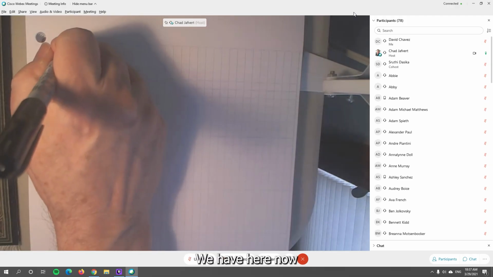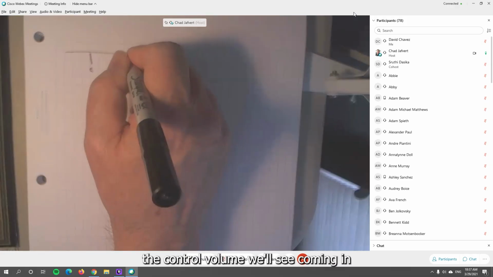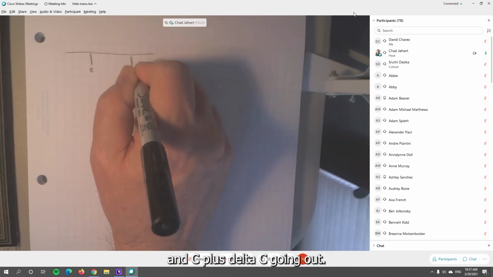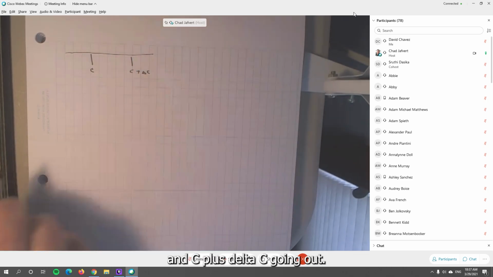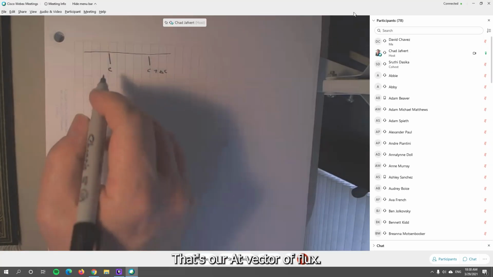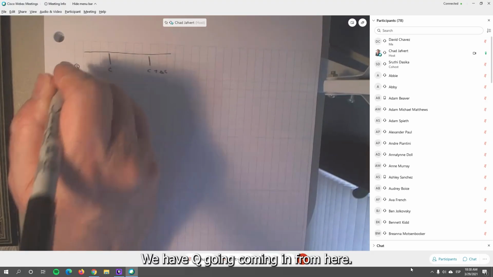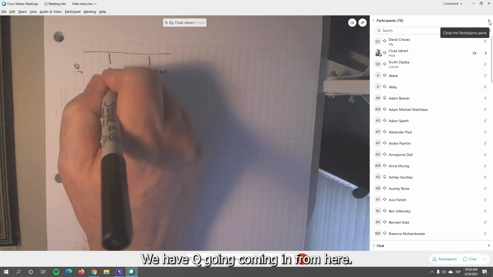We have here now a control volume with C coming in and C plus delta C going out. That's our advective flux. We have Q coming in from here.